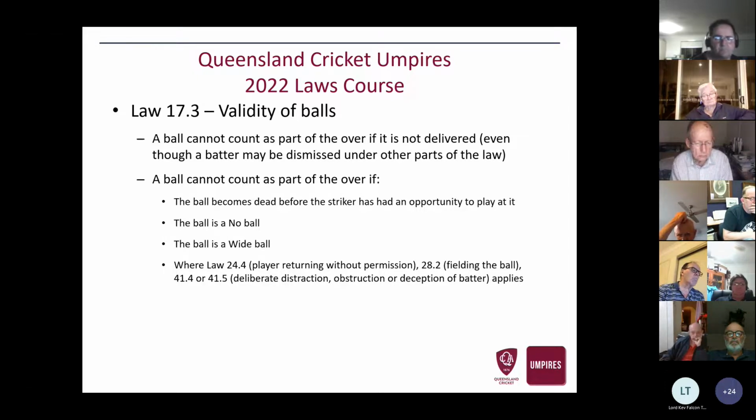Likewise, a ball can't count as part of the over if it becomes dead before the striker has an opportunity to play at it, the ball is a no ball or a wide, or where Law 24.4, which we'll get to later tonight, 28.2, which we'll also get to later tonight, or 41.4 or 41.5 around distraction or obstruction of the batters applies.